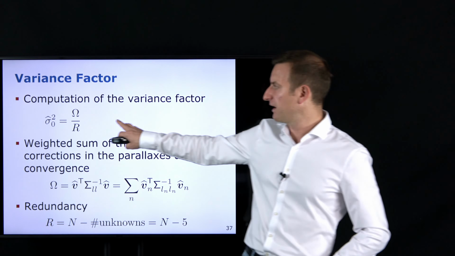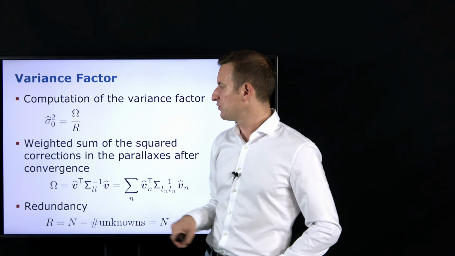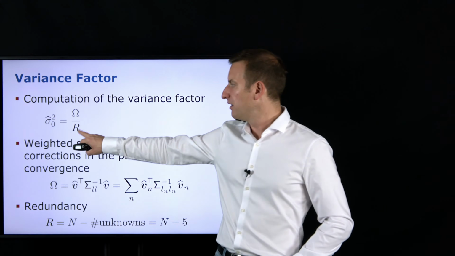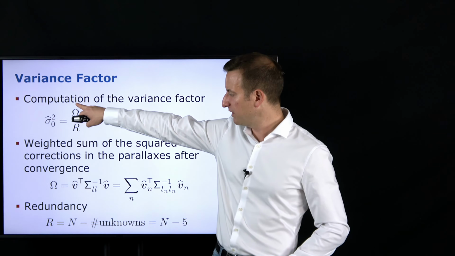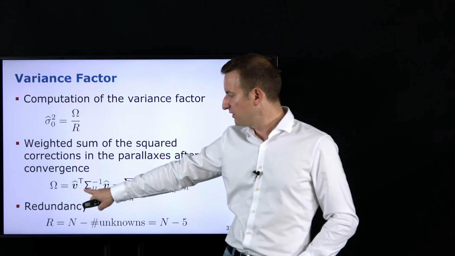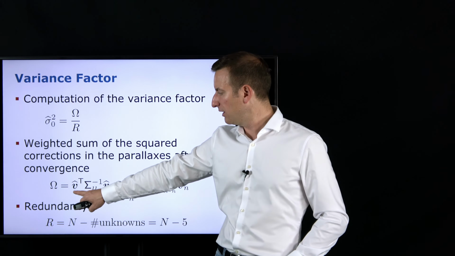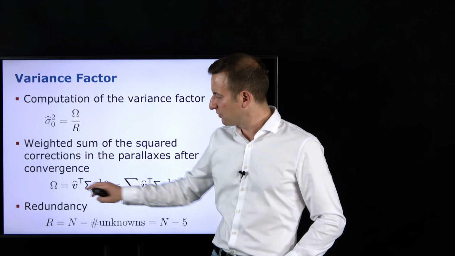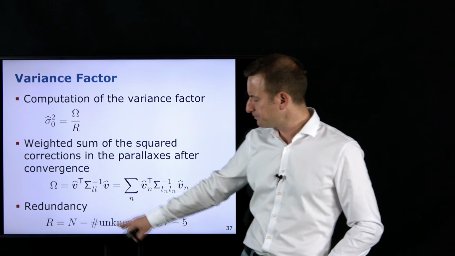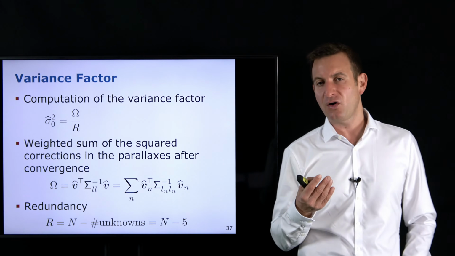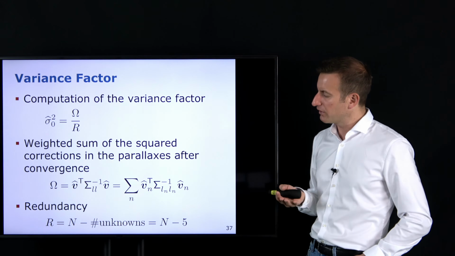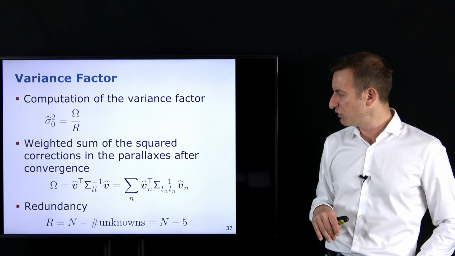The variance factor can be computed as the sum of the residuals, here called omega, divided by the redundancy. This term over here is basically the sum over all of the residuals, so the corrections to my observations, multiplied with the information matrix telling me how much information I have about them, or the inverse of my uncertainty that I have.